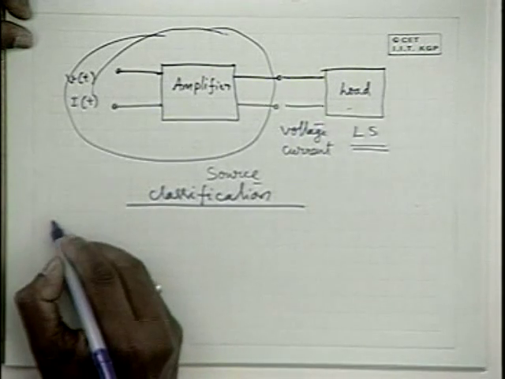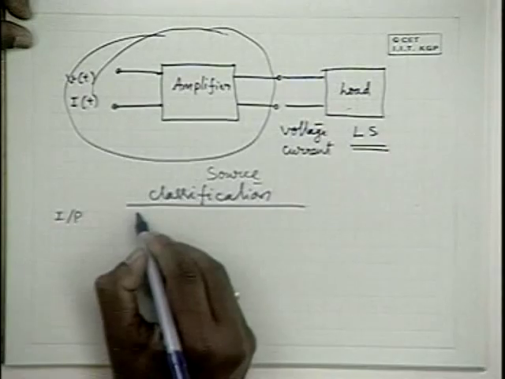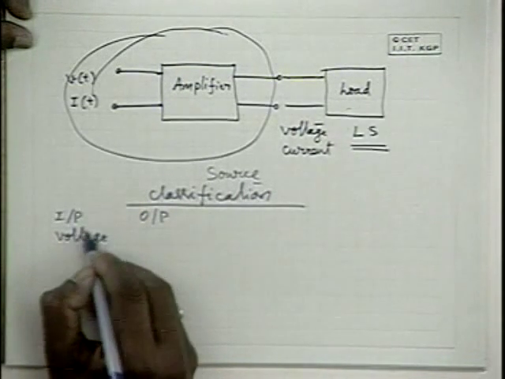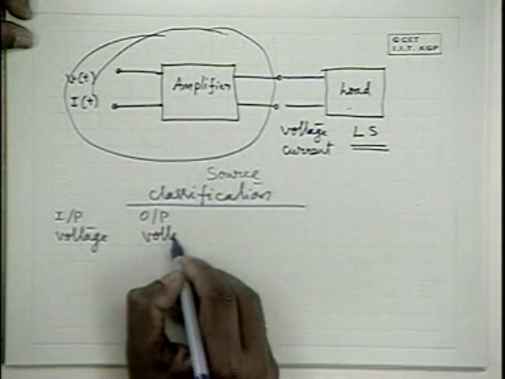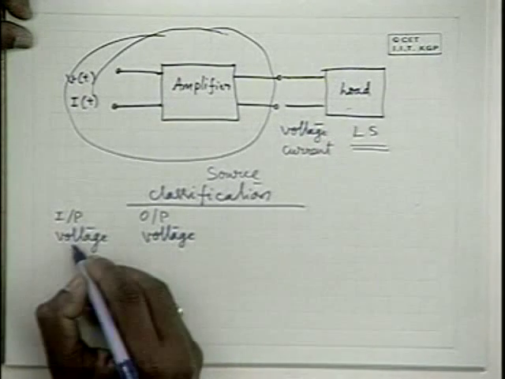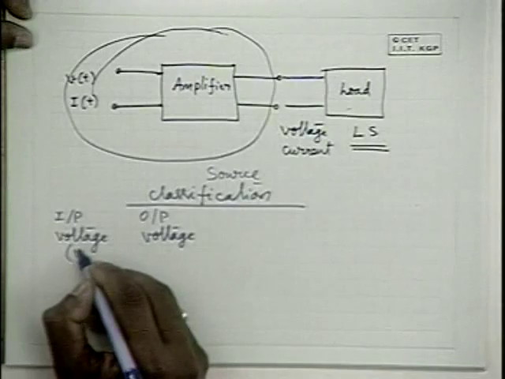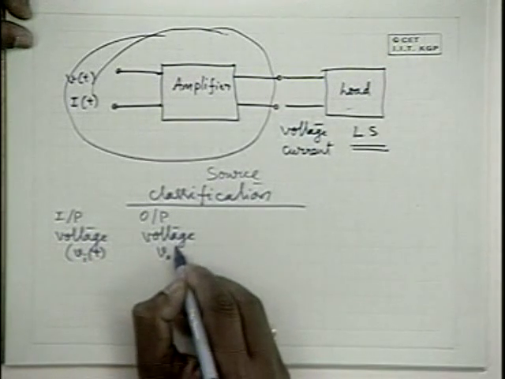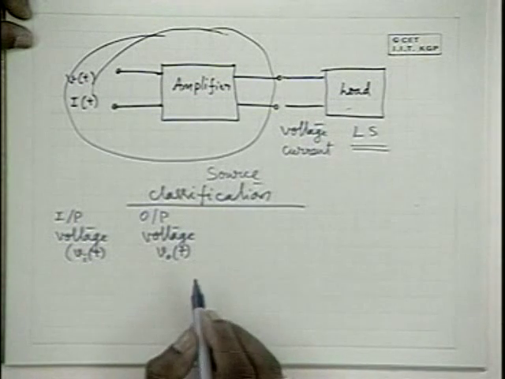If the input signal is a voltage and the output signal is also a voltage, let me call it VIT, I indicates input, and let me call it VOT, O indicates output.